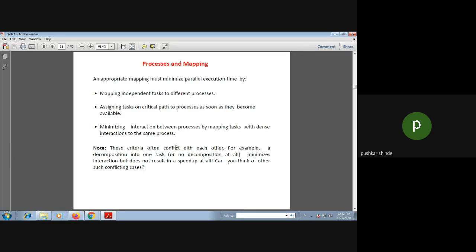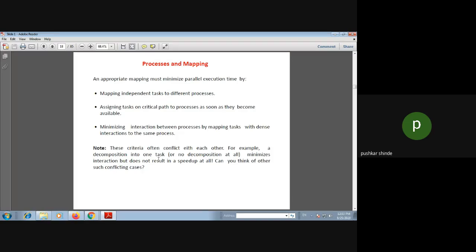These criteria often conflict with each other. For example, a decomposition into one task, or no decomposition at all, minimizes interaction but does not result in speedup at all. So if you don't decompose the problem and make only one task for the entire problem, then obviously the communication will reduce because there is only one task. But then there is no parallelism.